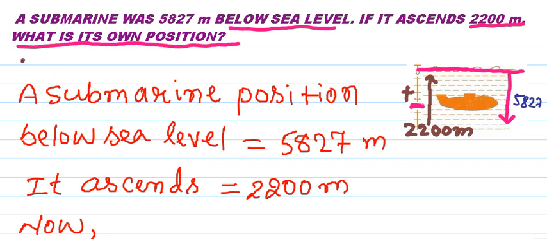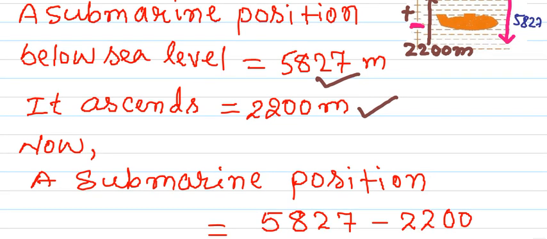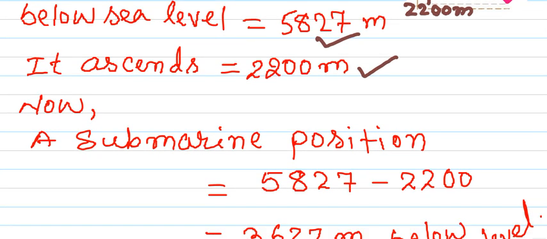So first of all we write solution, then we write the values with a statement. A submarine position below sea level, that is 5,827 meter. It ascends 2,200 meter. So now a submarine position equal to what we will do.